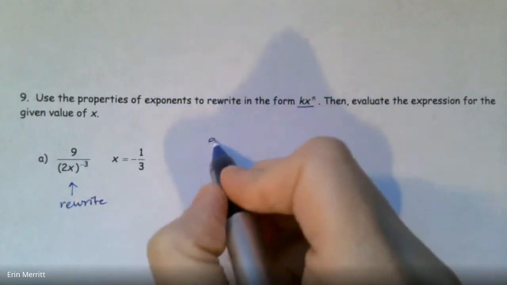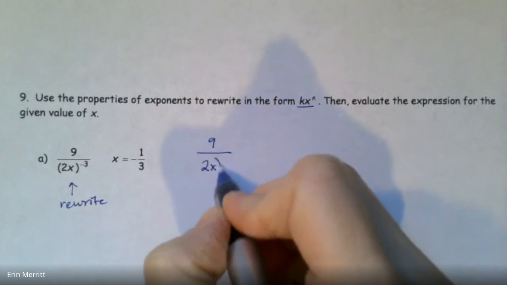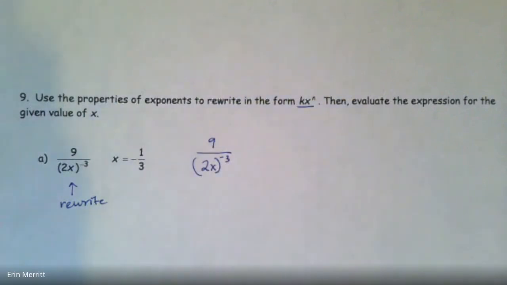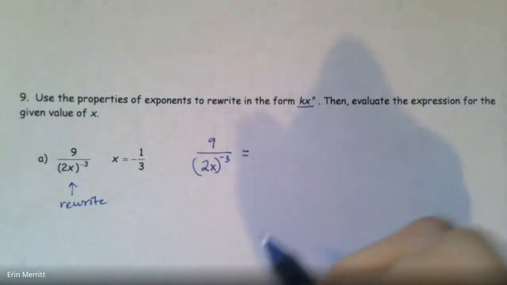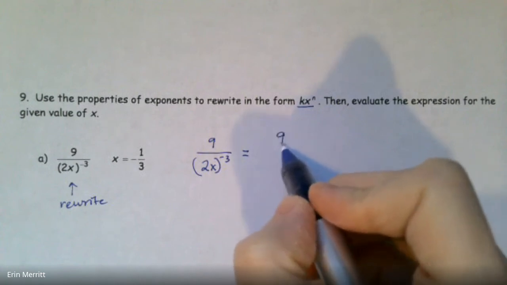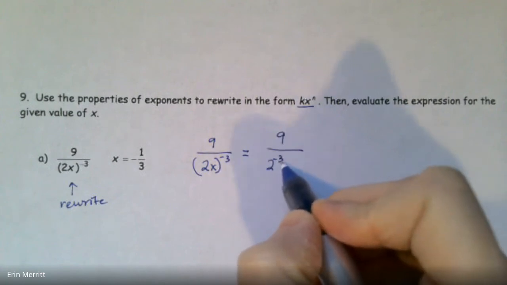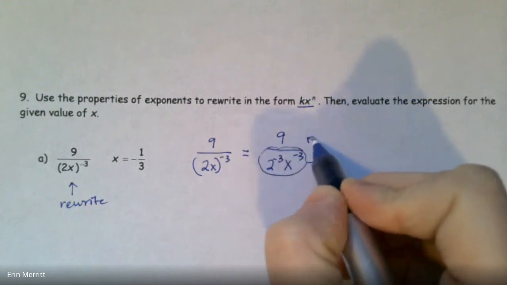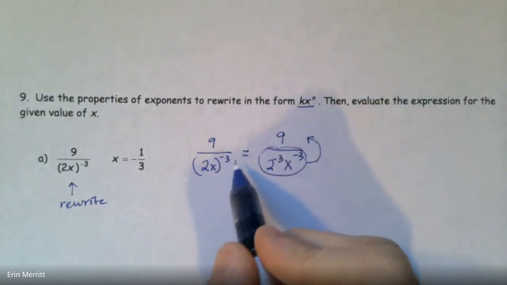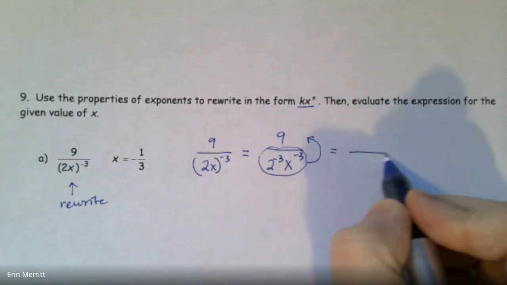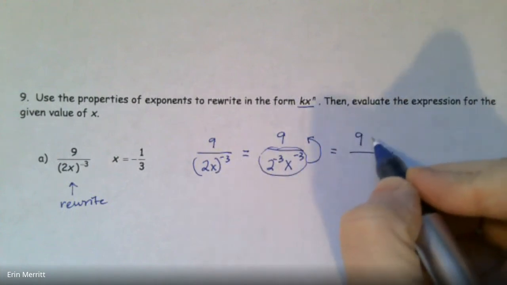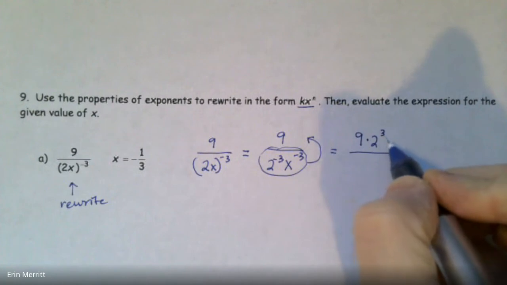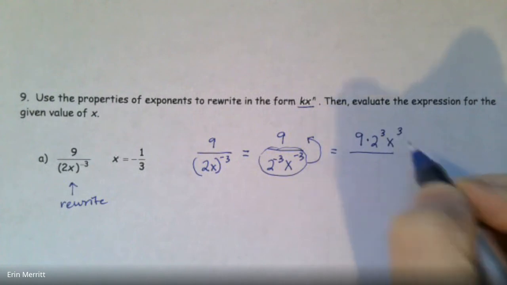All right, so if I have 9 over 2x to the negative 3rd, okay? If I distribute the exponent, that's going to be 9, and then 2 to the negative 3rd, x to the negative 3rd, which means both of those are going up top. You could have right here just shifted that whole thing up. All right, that's going to give me 9 times 2 to the positive 3rd times x to the positive 3rd.